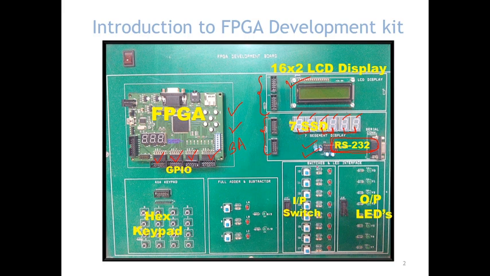As well, we have provided 8 onboard switches to give the various inputs. It is very useful while implementing basic gates, or if you want to give input signals to, let us say for example, a counter to start and stop, or in the case of encoder, decoder, mux, demux.